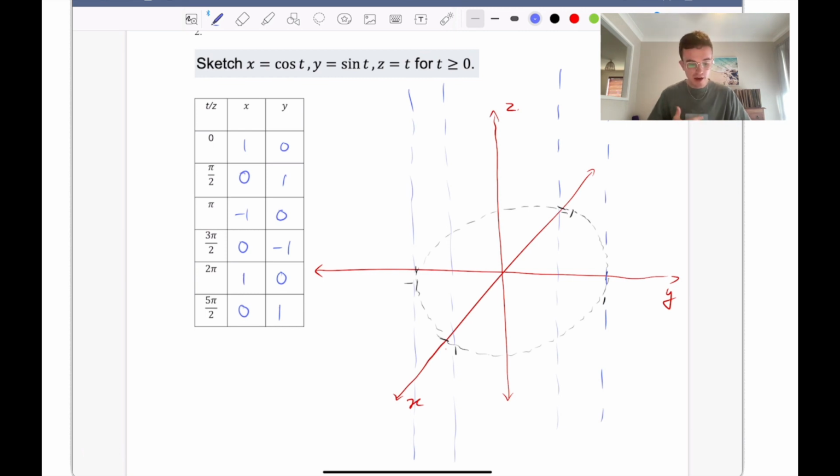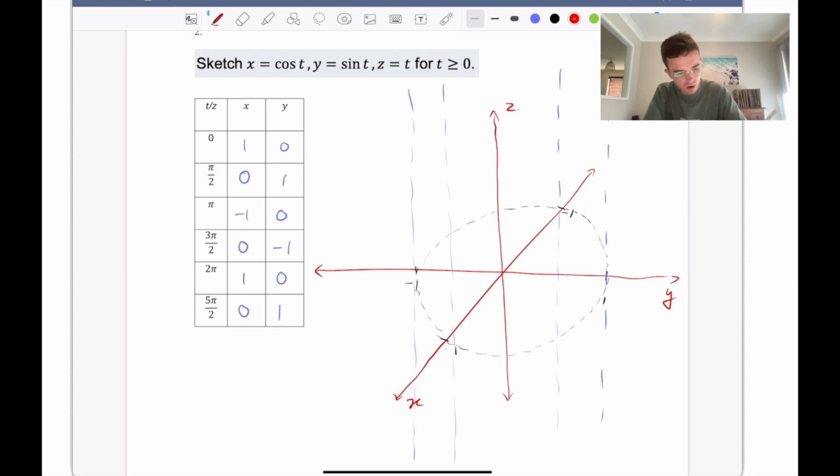And notice that the reason I've drawn the dots there is because this is where it's rising and falling. We're seeing lots of zeros and ones. So forget about this for a second, because we're going to add this in last. What you will struggle with is if you plot these along the z-axis, because these are our values of z, you're going to come into a lot of strife. So we're going to draw the spiral and then just add in those values last.